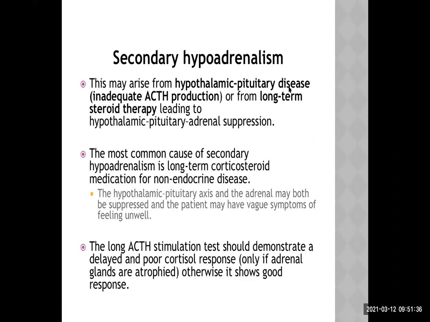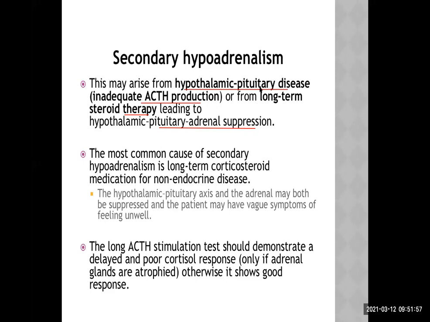This is a secondary one we are talking about here. So this may arise from hypothalamic pituitary disease because of inadequate ACTH production, or from long-term steroid therapy, which leads to this axis suppression. Very easy mechanism.